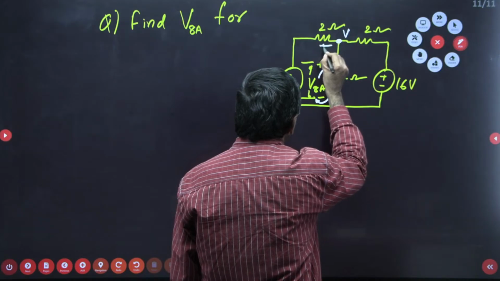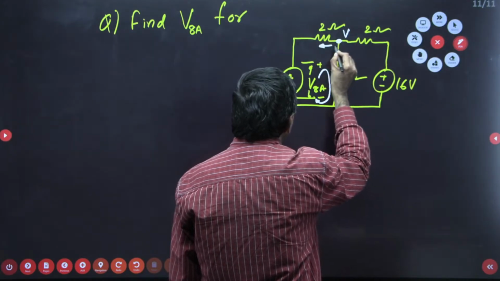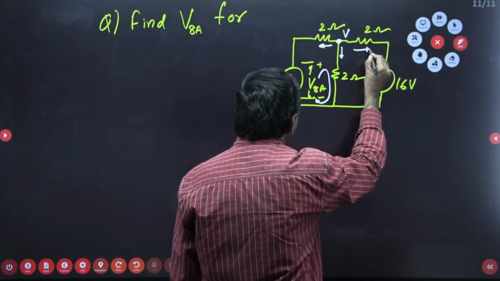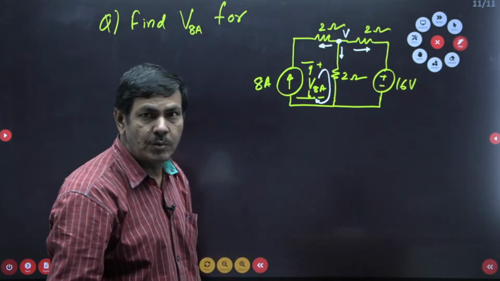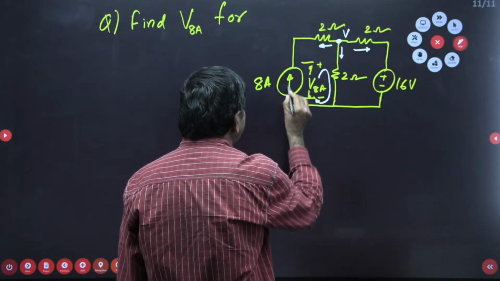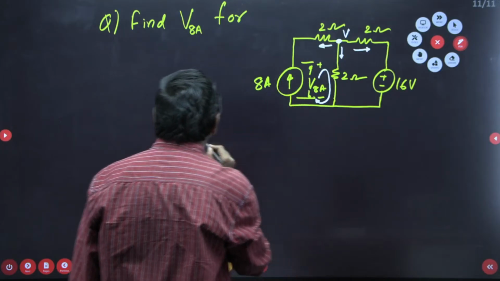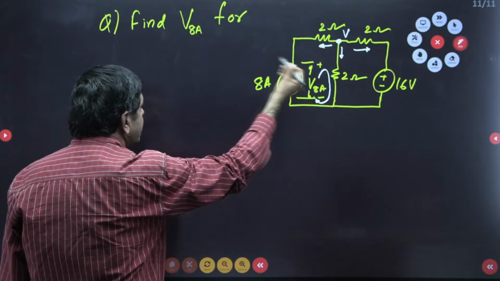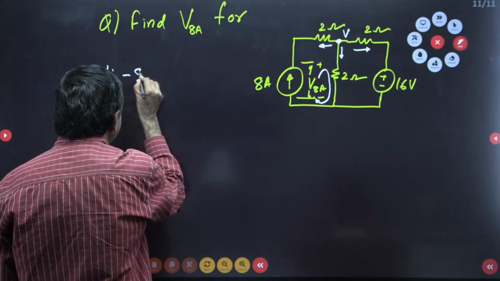The summation of the currents, this current plus this current, equals 0. Taking currents away from the node, you can put them directly. The current passing this side is the 8 amperes in reverse direction, so I put a minus sign: minus 8.